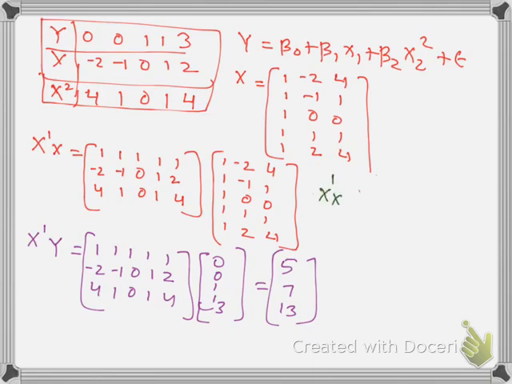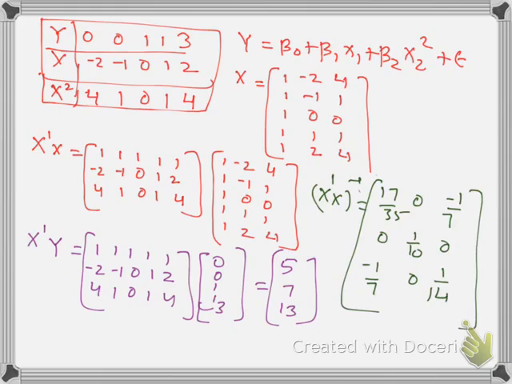X transpose x inverse, that would be 17 divided by 35, 0, -1 over 7, 0, 1 over 10, 0, -1 over 7, 0, 1 over 14. Remember, it's a symmetric matrix. Off diagonal elements, same off diagonal elements, because x transpose x inverse is representing the coefficients in the variance of beta hat.